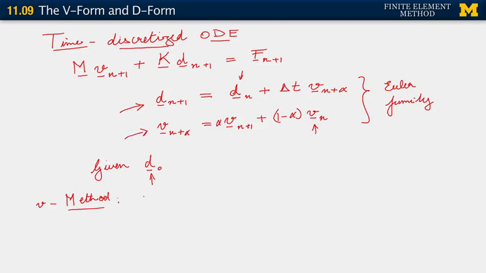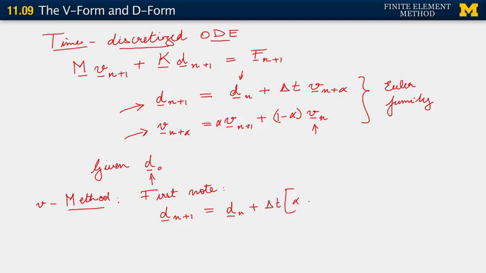We first note that we can rewrite dn plus 1 as dn plus delta t times vn plus alpha, but vn plus alpha is also written up for us here.